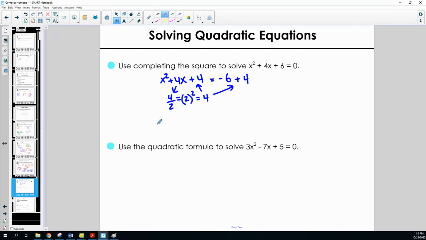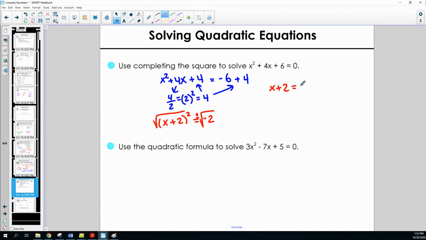So on the left side, we have (x plus 2) squared. On the right-hand side, we have -2. Now when I go to take the square root of that side, and square root that side with the plus or minus, the square and square root will cancel out. So I have x plus 2 equals, and then the square root of -2.